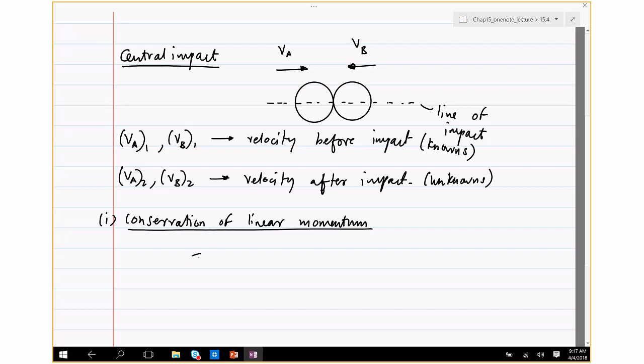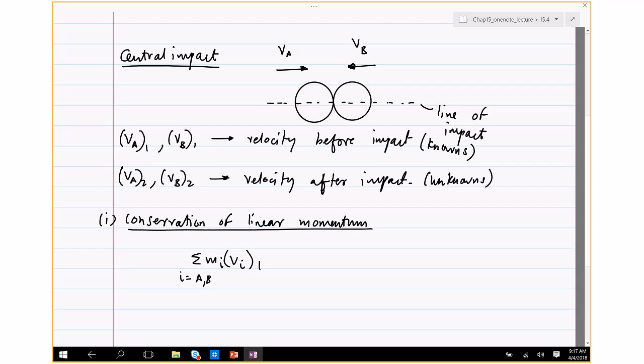Okay, so what we'll do is say that the sum of MIVI1, where I in this case would be A and B. It doesn't have to be just A and B. It could be more than two particles, but in this course we'll typically look only at two particles.